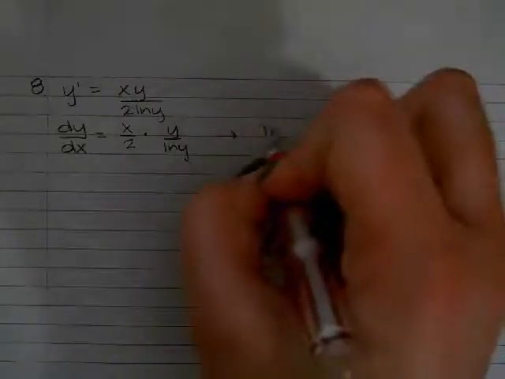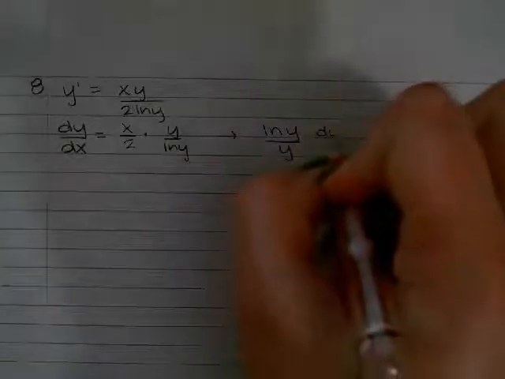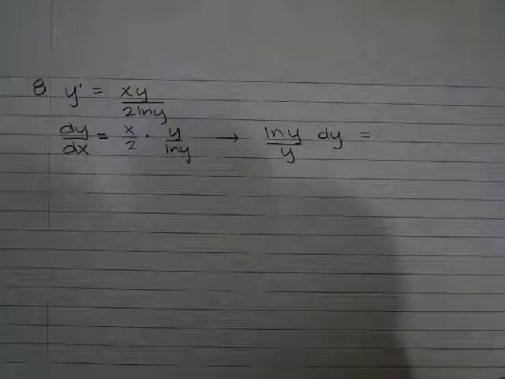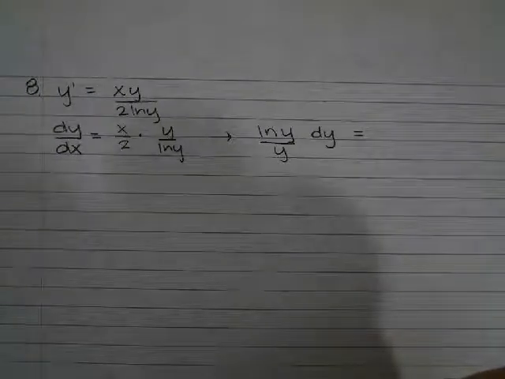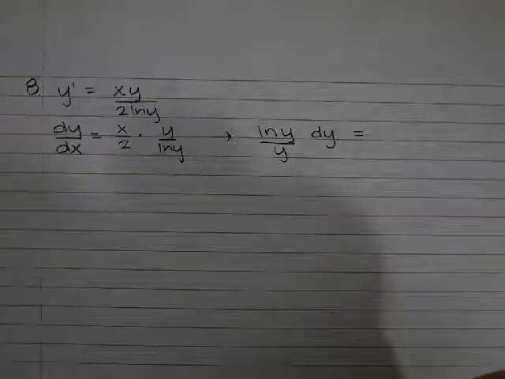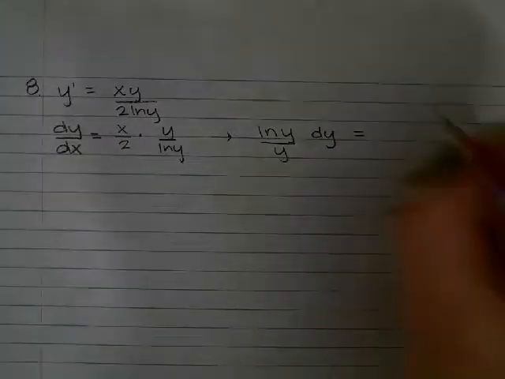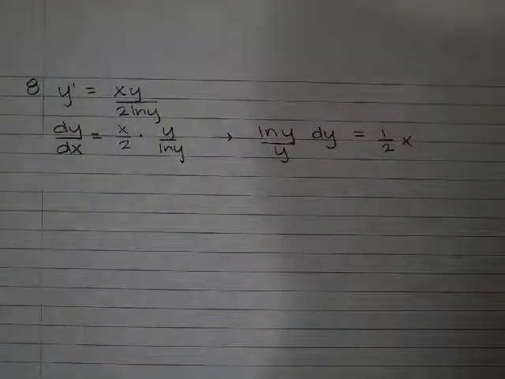Okay, so I'm going to have ln y over y dy. And then what am I going to have on the right side? x over 2 dx.